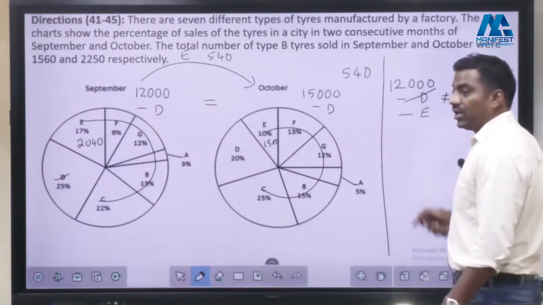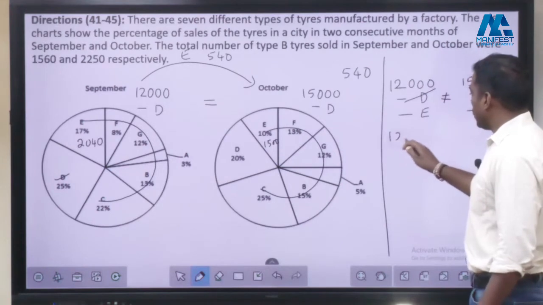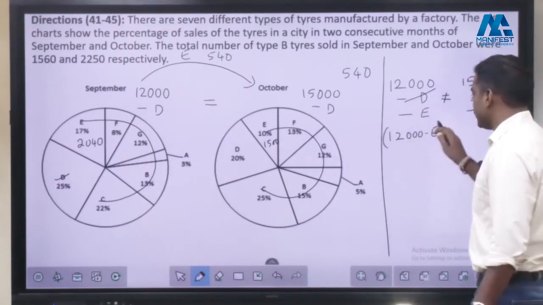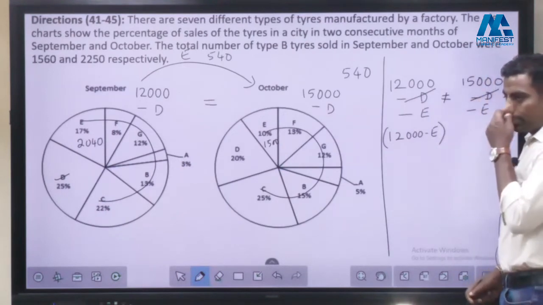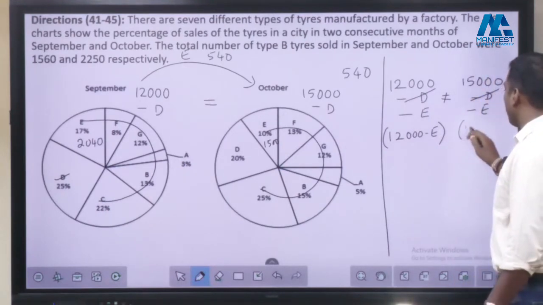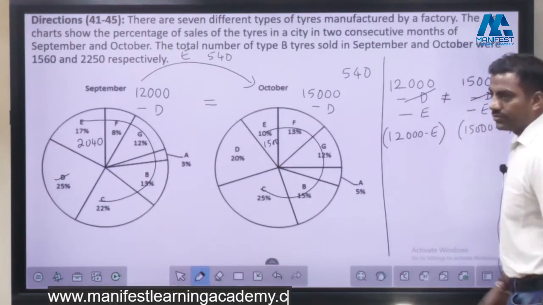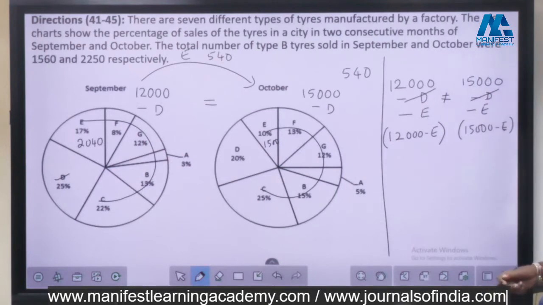Yes, so if you take the difference, 12,000 minus E in the first case and 15,000 minus E in the second case. So what is the difference? 540 is the difference. Getting my point?